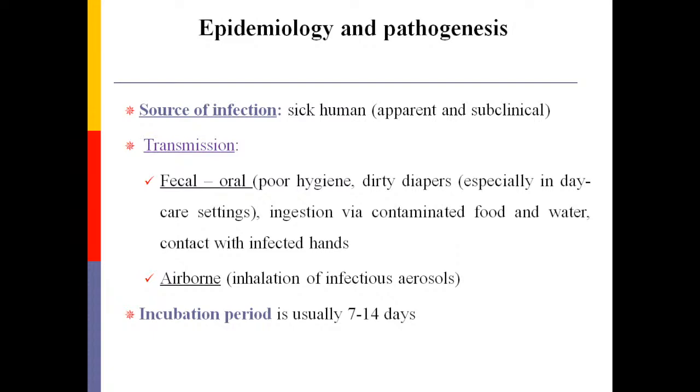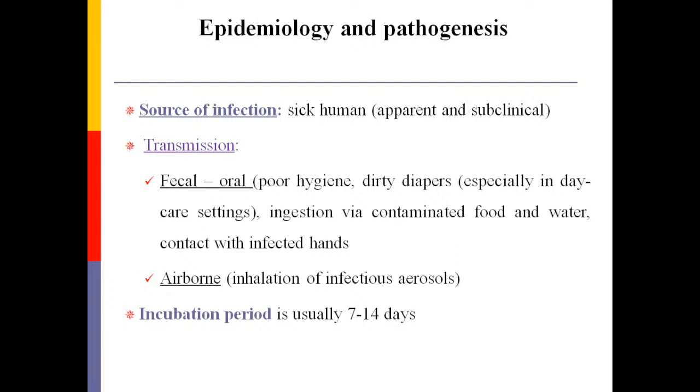Mostly they are sick children, because polio infects humans in most cases in childhood. It may be apparent and subclinical patients. We will talk about different clinical forms. So we know that there are apparent clinical forms when we can see clinical manifestations of polio, but in most cases, these are subclinical forms.